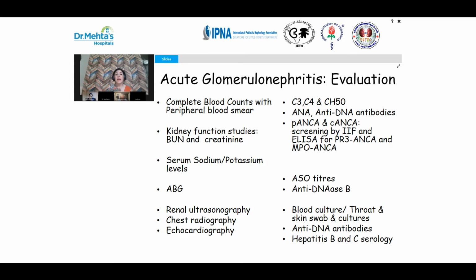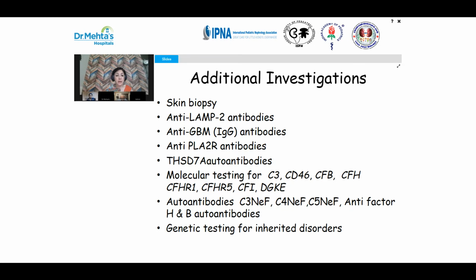Additional investigations are available and required in specific cases, like in IgA-associated vasculitis. Skin biopsy from the purpura can give us the diagnosis of leukocytoclastic vasculitis. Anti-LAMP2 antibodies are also seen in some children who are ANCA negative but pauci-immune on biopsy, so these antibodies we can study.